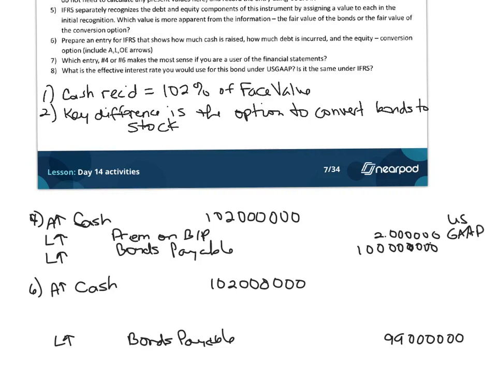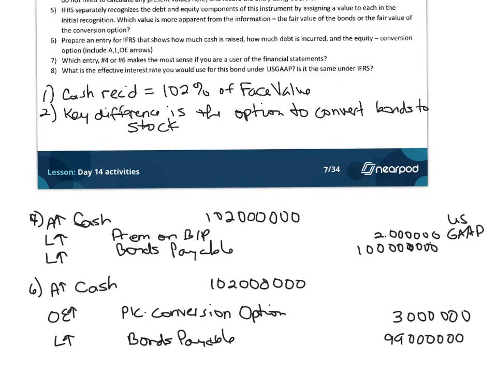And so then to make this journal entry balance, we need to come up with 3 million just to make the debits and credits balance. And this is what we're going to call our conversion option. I'm actually going to label it PIC, which stands for paid in capital. Conversion option. Essentially that is saying my owner's equity has gone up on the balance sheet.